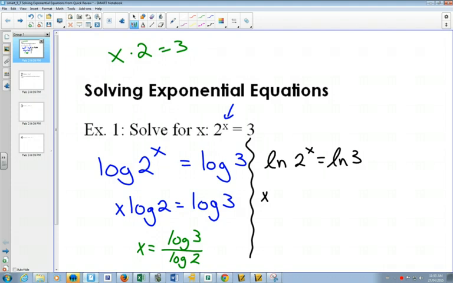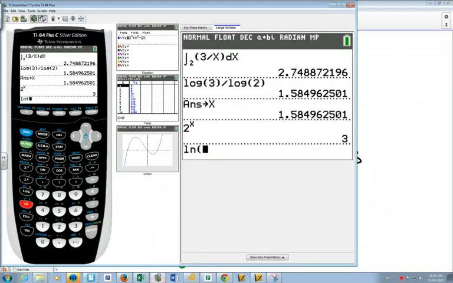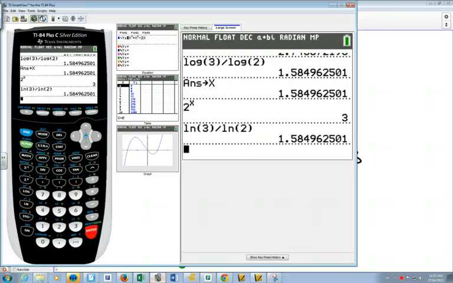So they come out in front. And then you divide both sides by natural log of 2 because that's a number. And if you check this on your calculator, you'll see that if I use the natural log button, I get the exact same answer.